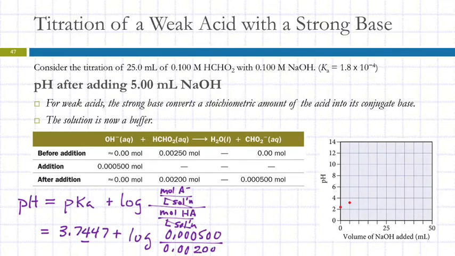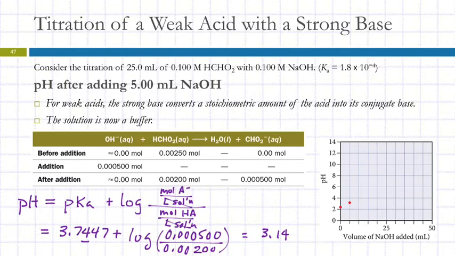Using millimoles gets rid of a lot of these zeros, which is kind of nice. So that's 3.14. So that's using the Henderson-Hasselbalch equation.